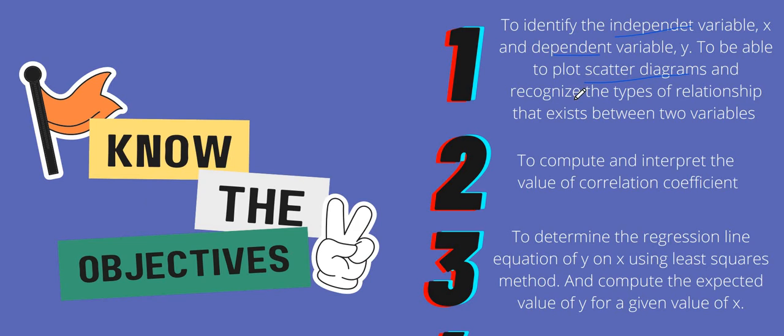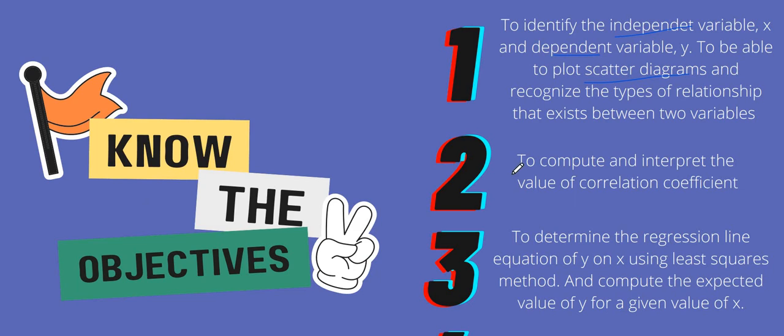For objective number 1, there are three smaller objectives, so that's why I will make the video part by part. For this video, I will brief you on objective number 1. Even though it's just one objective, there are 3 things that you need to know.